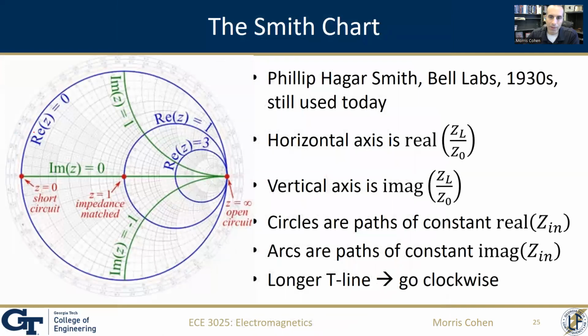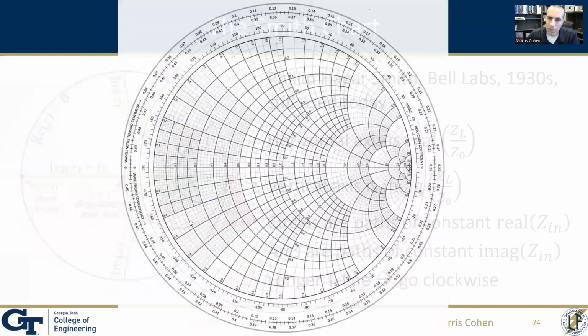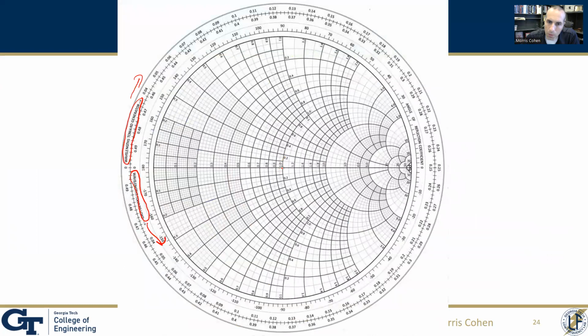So the horizontal axis of this is the real part of your load impedance divided by your line impedance. So just take whatever that ratio is. You're basically normalizing your load to your line, and take the real part of that, and that's what's going to appear on the horizontal axis. So in this case, this point right here, 1.0, that would imply the condition where if you normalize ZL divided by Z0, the real part of that equals 1.